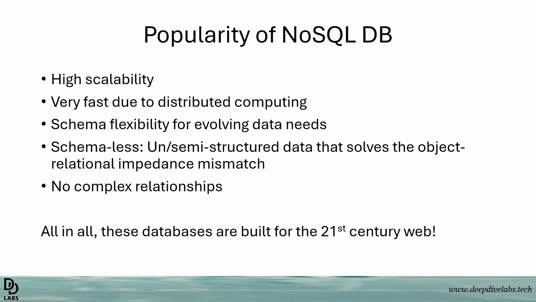So all in all, NoSQL databases are the set of databases, and we are going to see what they are, that were actually built for the 21st century web, right? Because they were fast, scalable, schema-less, and they made sure that application development was fast because of no complex relationships.